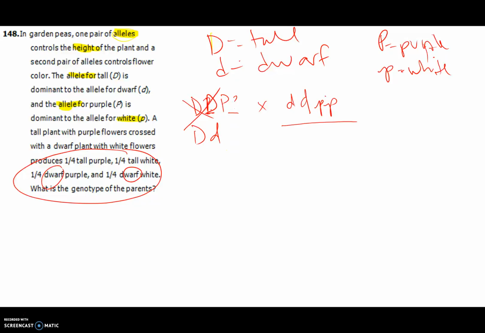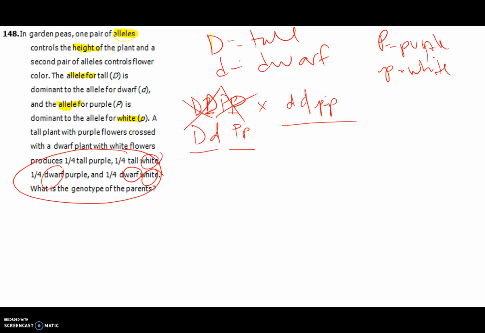And then if we're looking at purple or white flowers, again, if the parent was homozygous dominant, then all of the offspring would be purple. But again, we see that there are offspring with white flowers, so it can't be homozygous dominant. And therefore, the first parent is heterozygous for both traits.